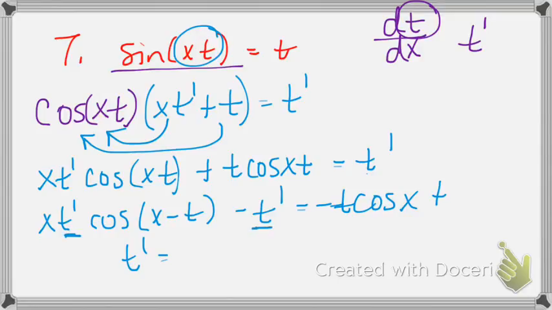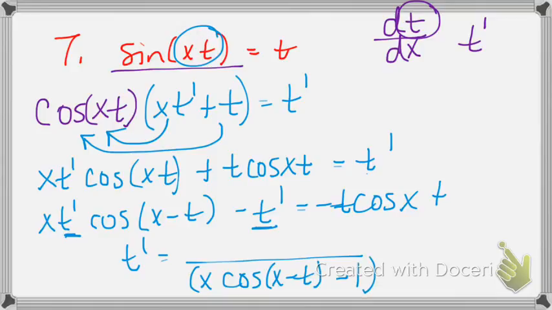So this is what I'm taking out, which means I'm going to be dividing by that other stuff, so that would be dividing by x cosine of xt minus t minus 1, and then the top is going to be the negative t cosine of xt, which should really be in parentheses right there. It's very strange, but the process is pretty simple and pretty straightforward.